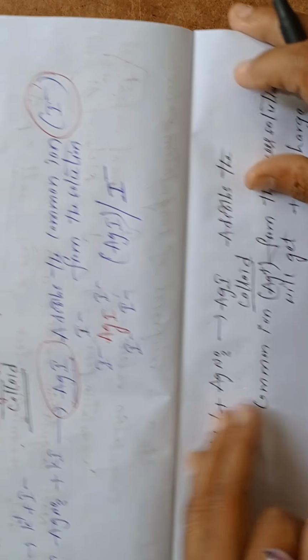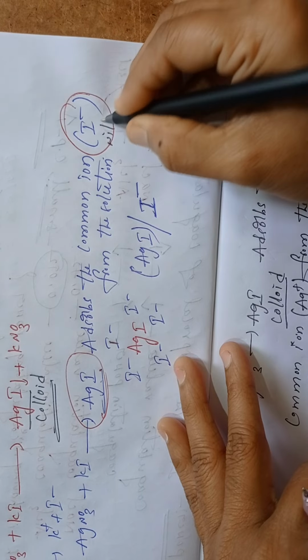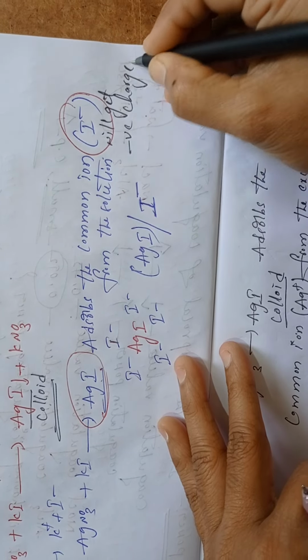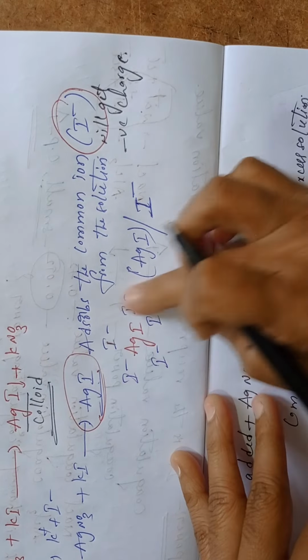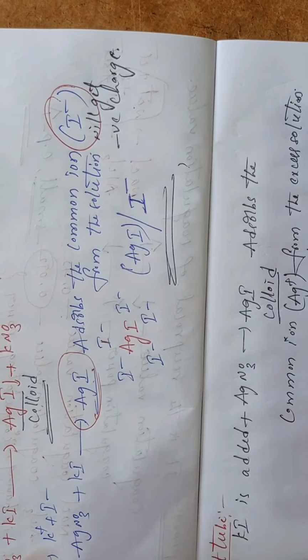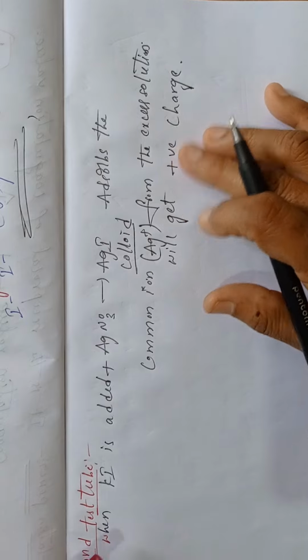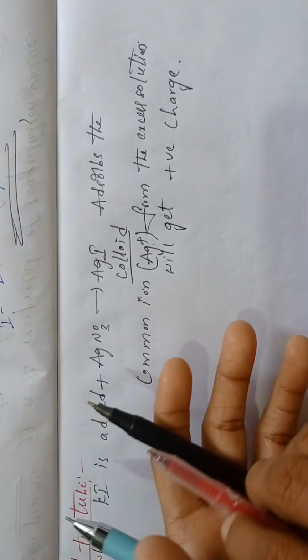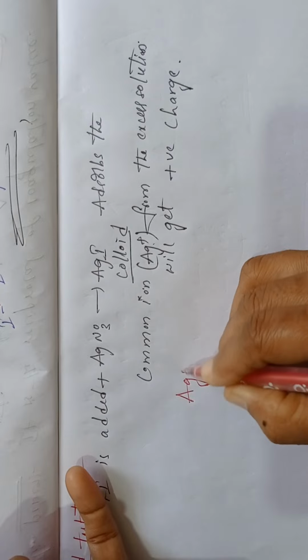The earlier one gets a negative charge, so that is a negatively charged colloid, and this is a positively charged colloid. Here I am taking the silver iodide colloid.